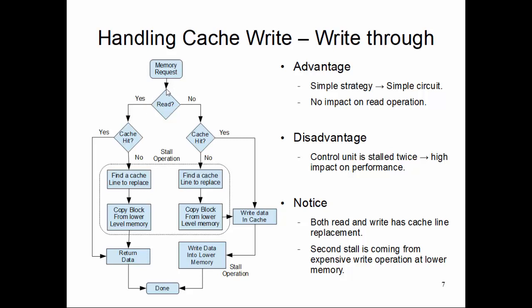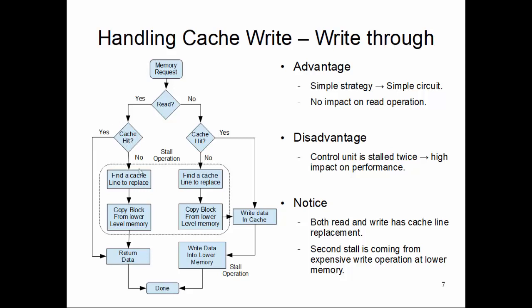So here is a flow chart which explains the whole process. Memory requests come from the processor or control unit, and we check: is it a read or a write? If it is a read, then is it a cache line hit? Is the hit on the cache? Yes, return the data, done.